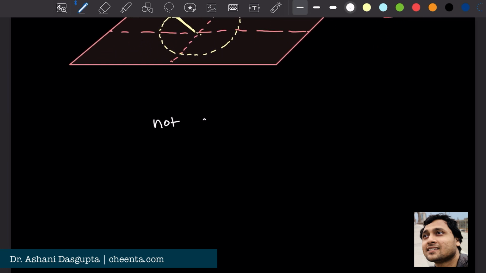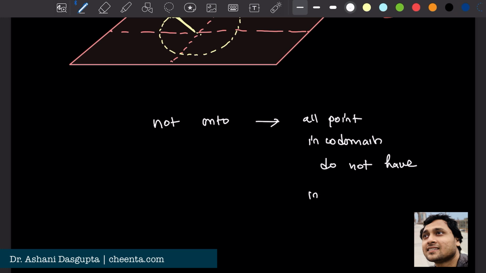Onto means all points in the codomain have input values, input points, that produce that output.